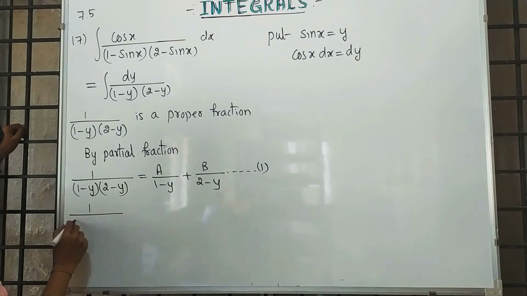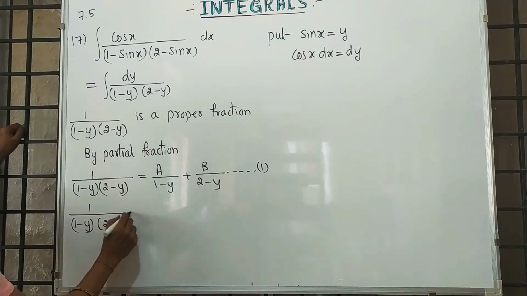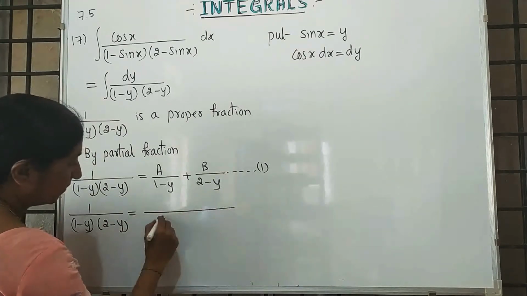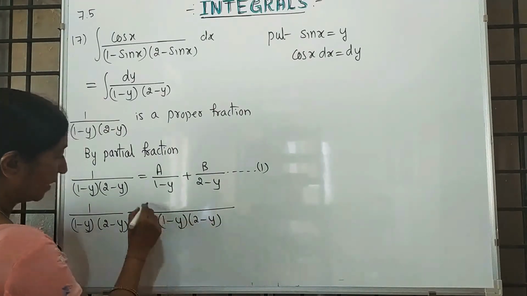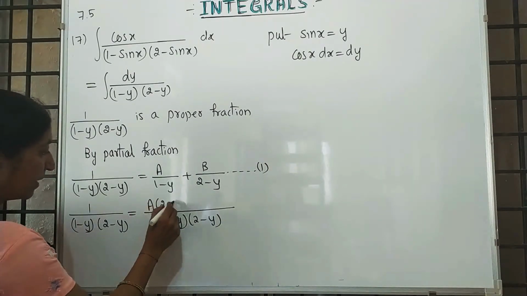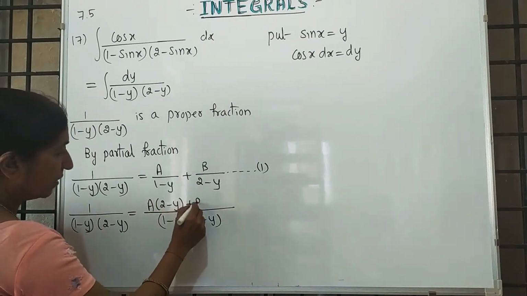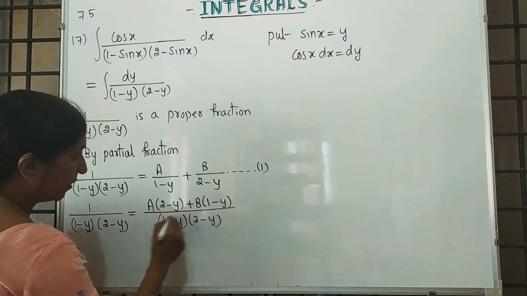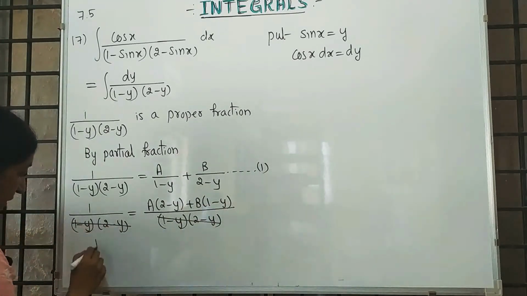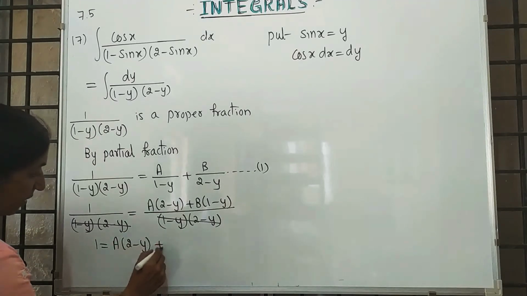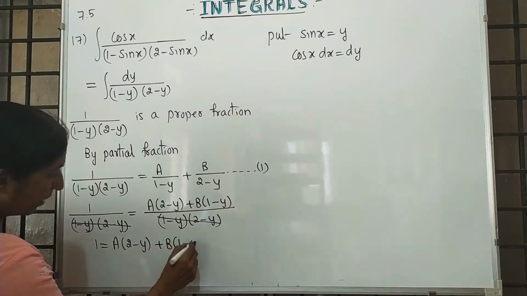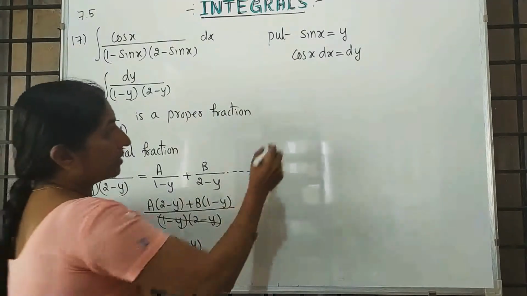Taking the LCM, a is multiplied with 2 minus y, b is multiplied with 1 minus y. 1 is equal to a into 2 minus y plus b into 1 minus y. Select the terms one by one.